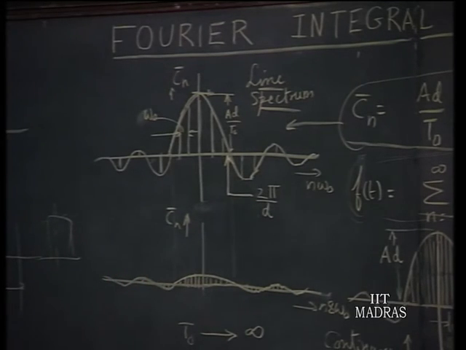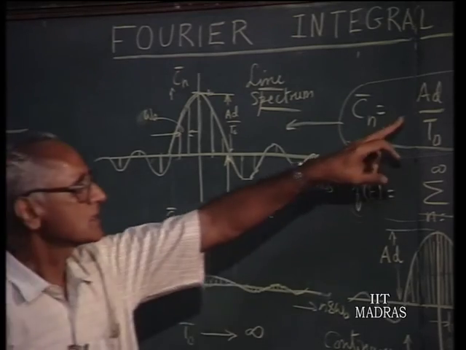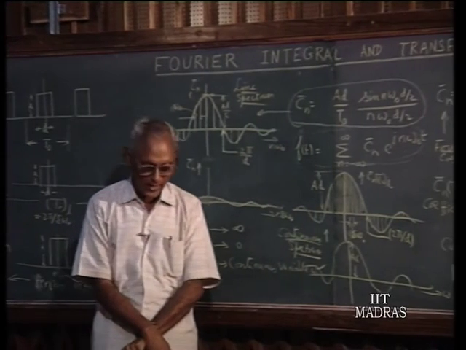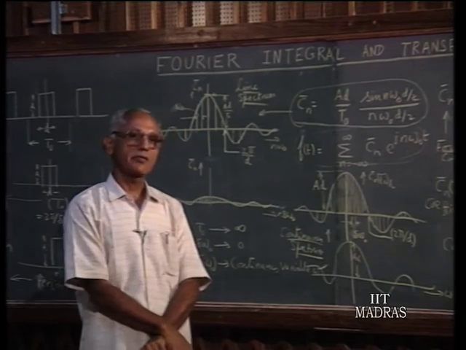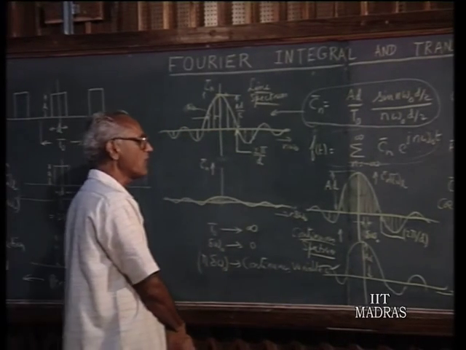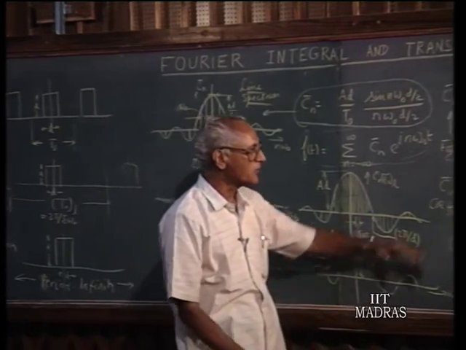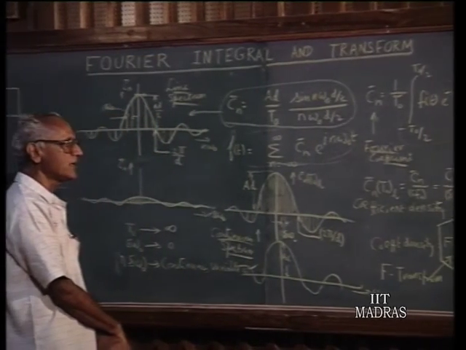So, if the period is infinitely large, this whole thing becomes 0, and this Cn term will become 0, and therefore we will have no way of knowing the relative sizes of two different frequency components. So, to beat this problem, what we said was, instead of talking about the Fourier coefficient Cn, let us talk about the Fourier coefficient density, which is Cn divided by delta f naught.